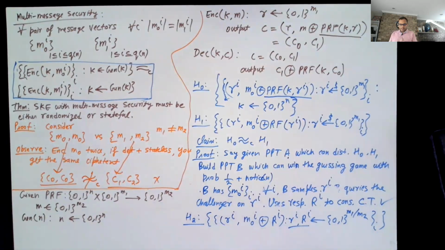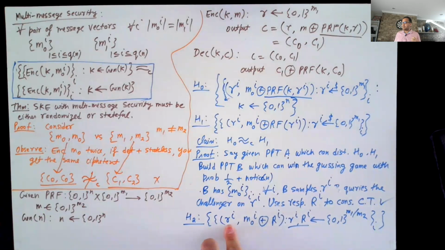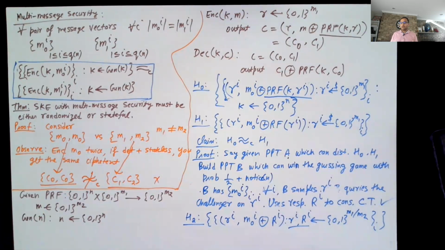So now note that a random function did not always give you a completely random output. Because if you query the same index twice, even in a random function, you get back the same value. Here, even if these little ri's are the same for two different messages, capital Ri's might still be different. So that's the only slight difference.